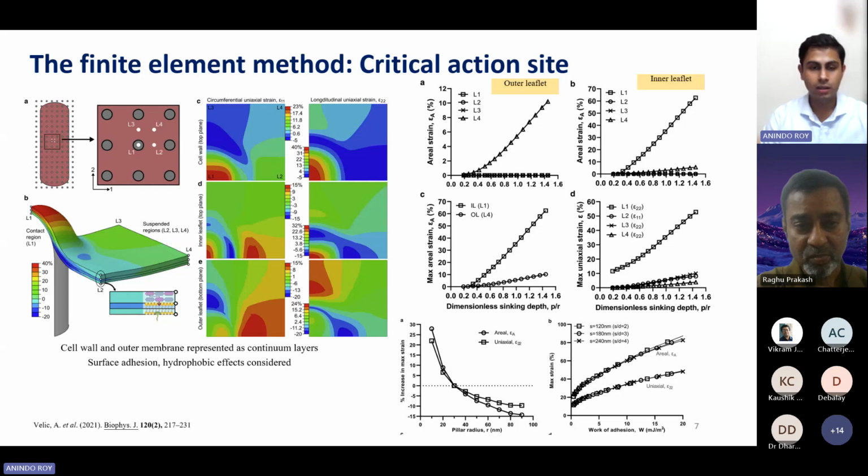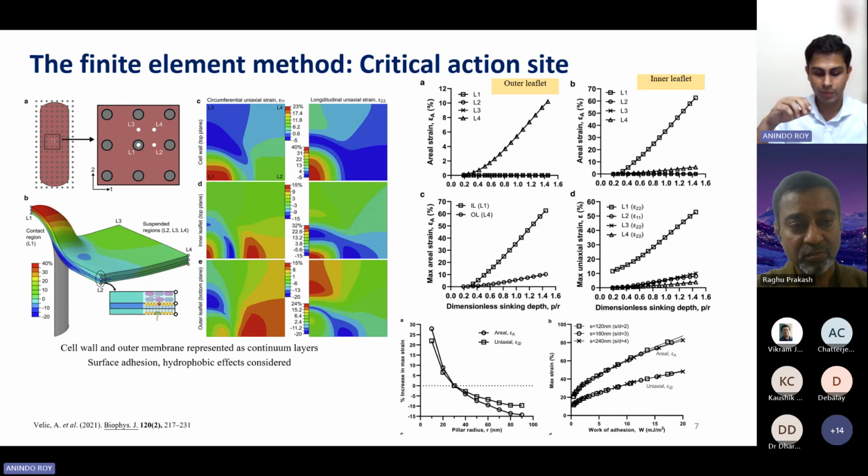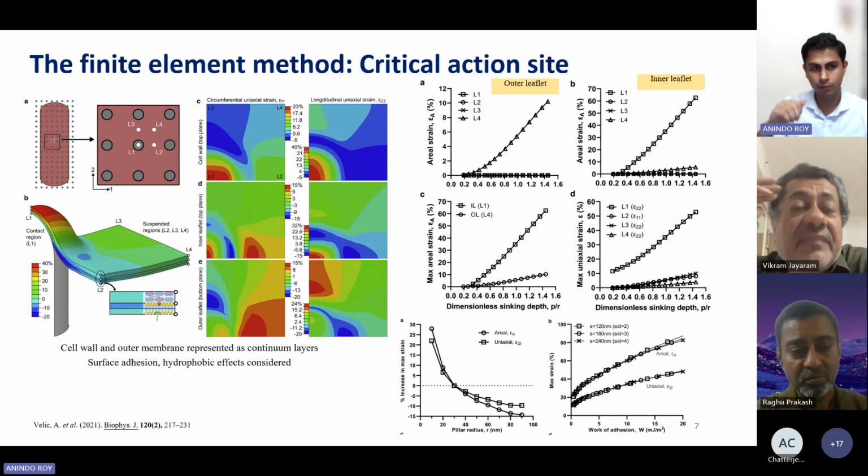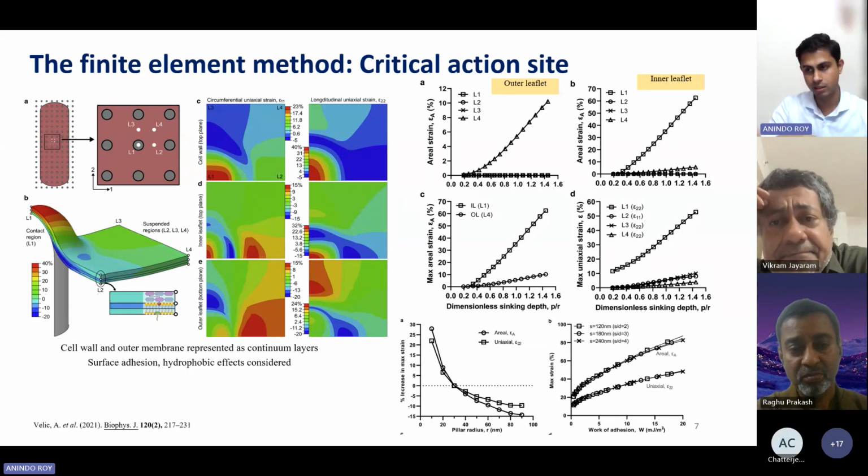So here in FEM software, there is actually no way to simulate the surface adsorption as it occurs in nanopillar and bacteria, that is, formation of bonds and so on. So therefore, what we do is we progressively apply just mechanical load or downward force on the lower layer.